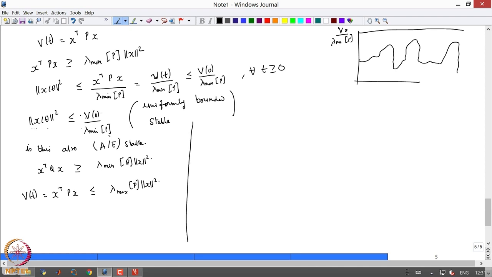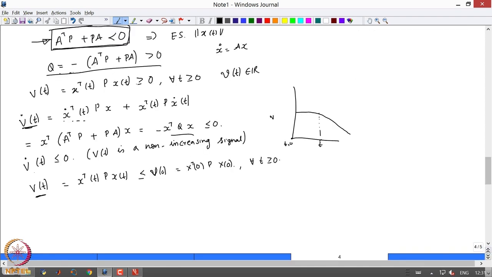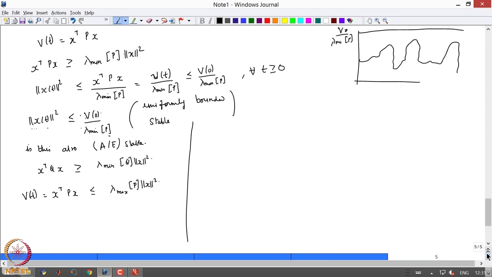Now, look at the expressions for V dot, starting from here. What we can say is the following: V dot, which is minus X transpose Q x, will be less than or equal to the negative of lambda min of Q times x square.